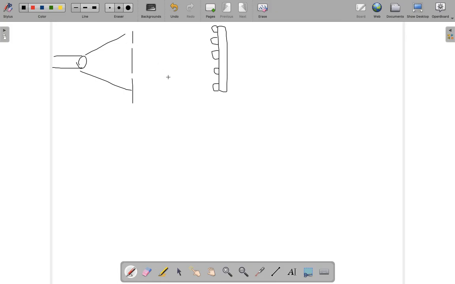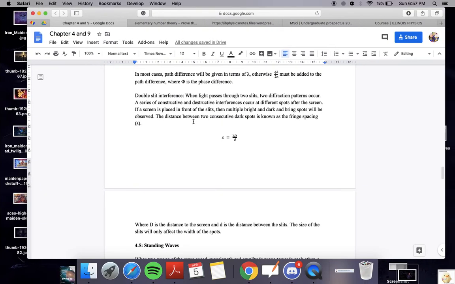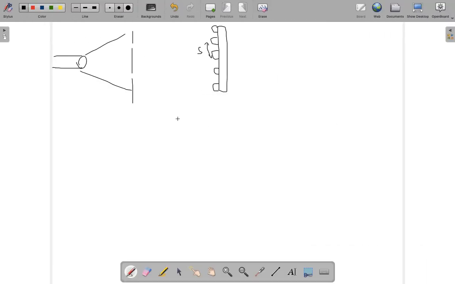So now the fringe spacing, which is the distance between two maxima, two consecutive dark or light spots, S, will be equal to the wavelength of the light that's coming through, times D, the big D, which is the distance between the screen and the slit, over small d, which is the slit width.